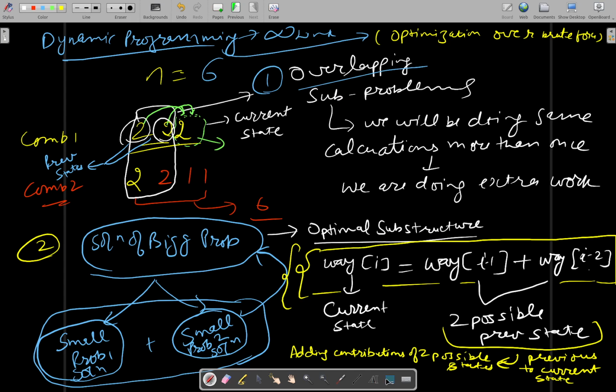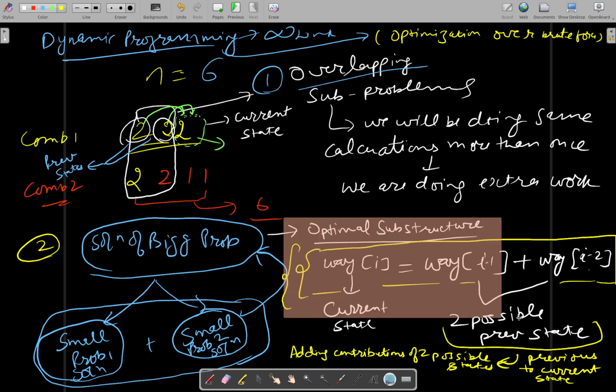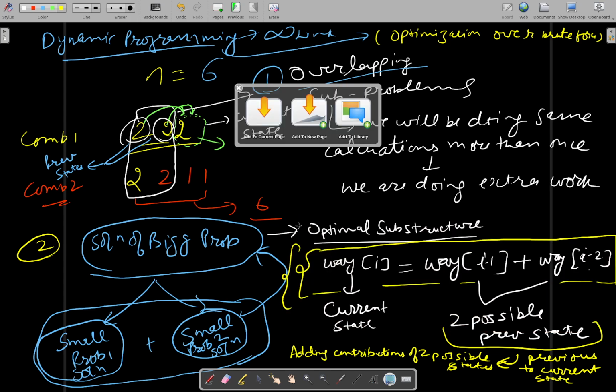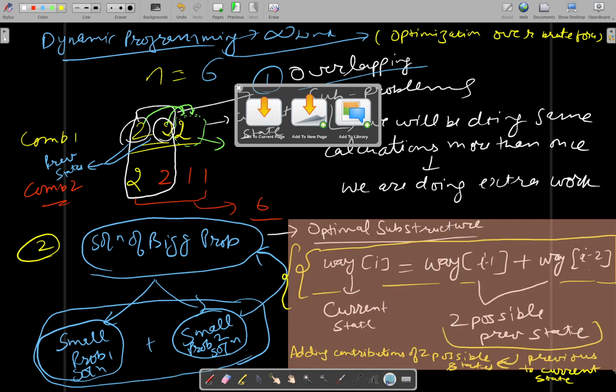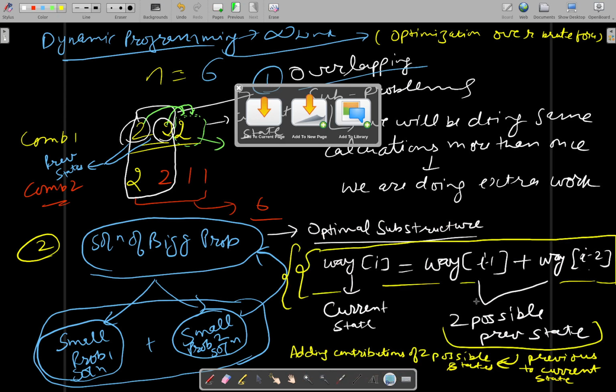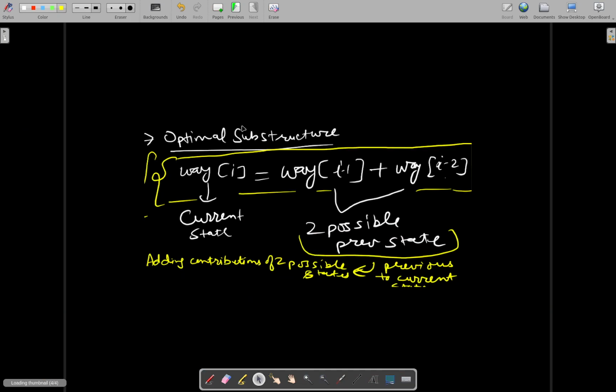Let's take it to another slide. So this is our state transition equation.